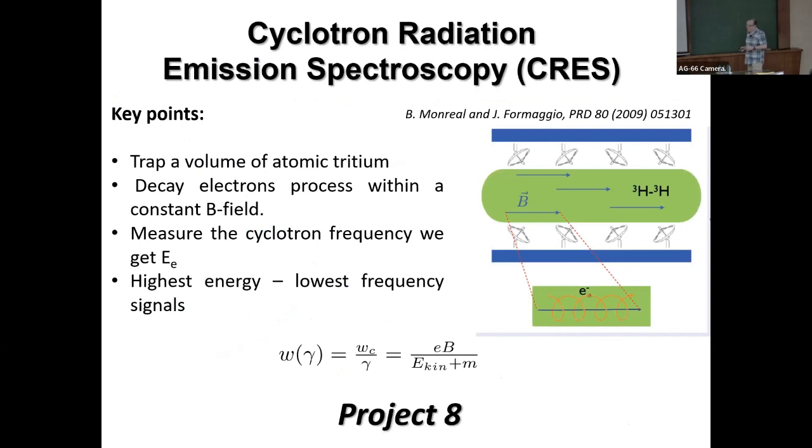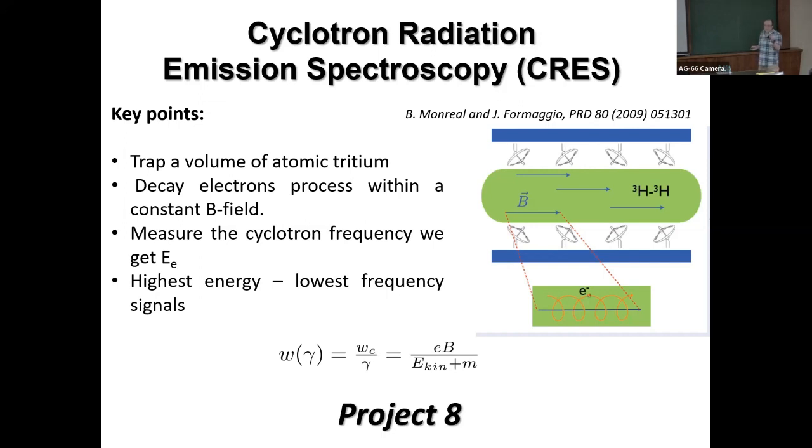Well, these are the actual results, and there is a promising technique for the future, which is called cyclotron radiation emission spectroscopy. The idea basically is to trap these tritium atoms in a magnetic field. The decay electrons are going to be trapped in this magnetic field, doing this cyclotron motion.